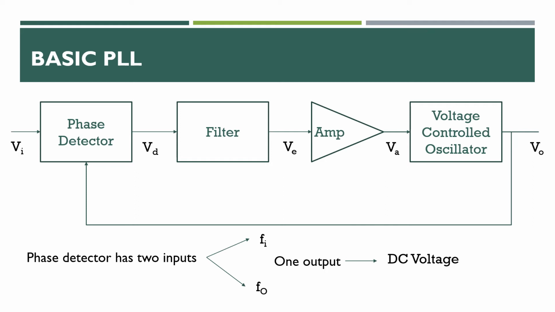We then obtain the error voltage VE, which is very small and is amplified using an error amplifier, and we obtain a voltage VA as the input to the voltage controlled oscillator. VA is applied to the VCO, a circuit which converts voltage to frequency, and we get an output voltage V0 with an output frequency.